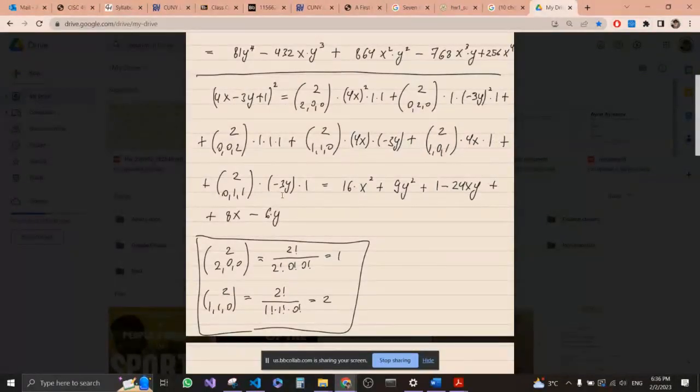And the last term, 4x to the power 0, multiplied by minus 3y to the power 1, and 1 to the power 1. And that all simplifies to this equation. Very nice. Anyone has any questions? To make sure you can apply the multinomial theorem. Normal binomial theorem is for pre-calculus class. All right, thank you, Ayat.